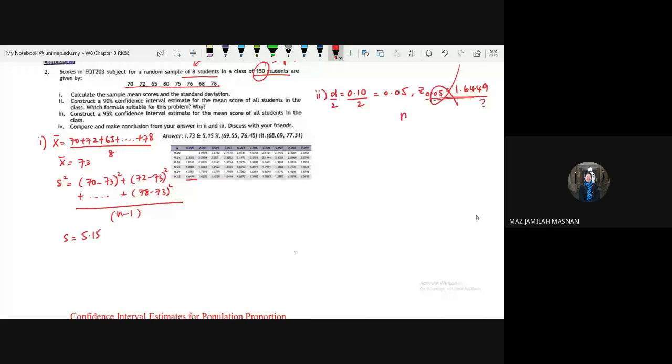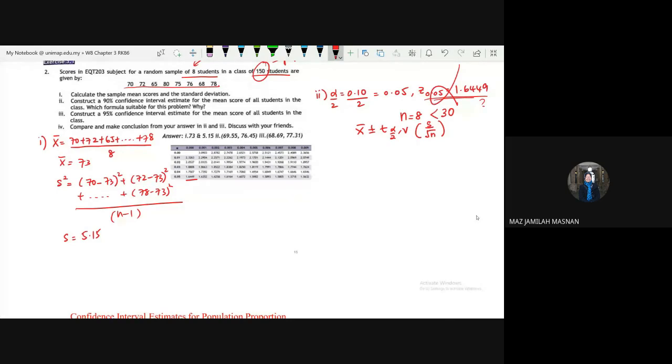This is wrong. Why? Because our n is 8, less than 30. If n is less than 30, it should be x bar plus minus t alpha over 2, v multiply with s over square root of n. Right? If I'm not aware of the condition that I need to fulfill, then I make a mistake.